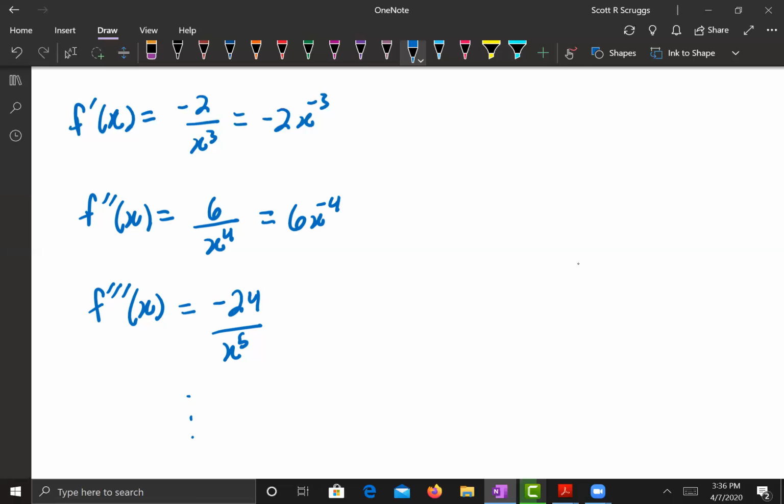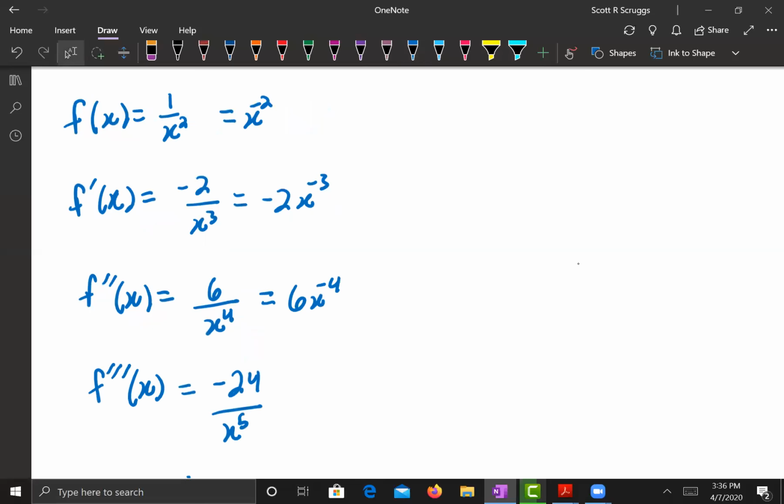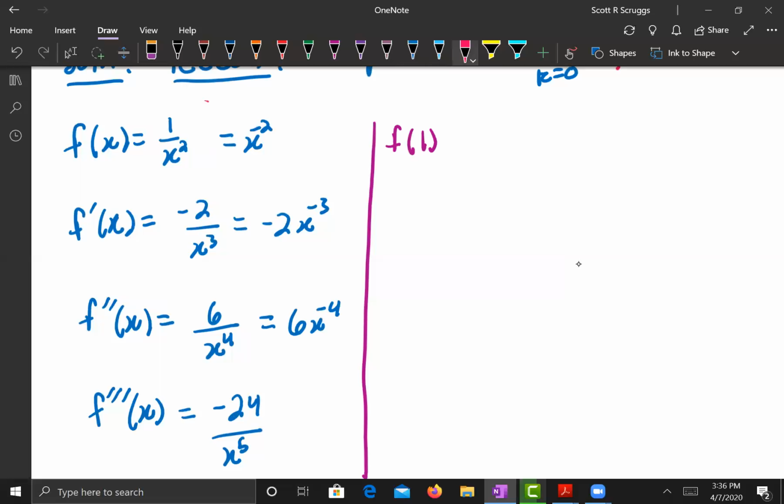So before we go on and do the evaluation of everything at the center, I do want to make an observation about the numerators for each of these f of x's. Well, 1, that's equal to 1 factorial. That's not super surprising because 1 factorial is just 1.